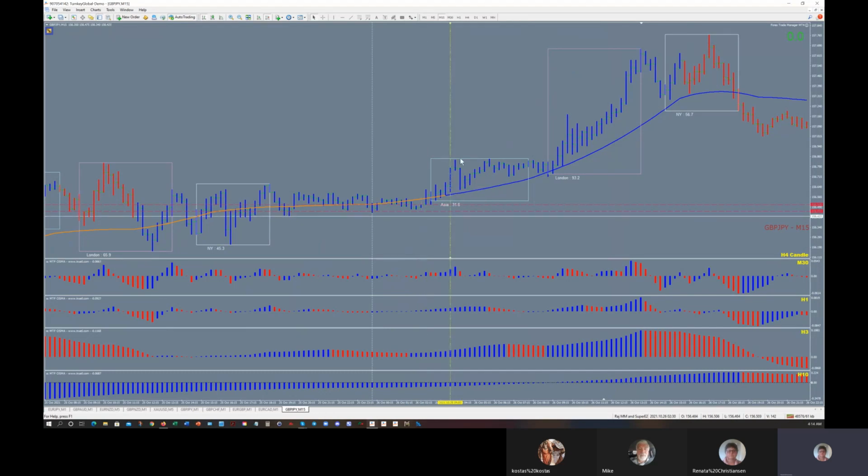Where is your next setup? There's the next setup, right? There's your stop loss. 13 pips. That's just within the boundary, right? 10 to 15 pips.